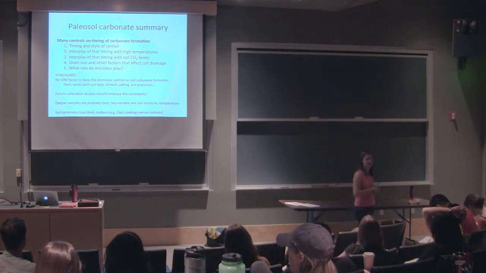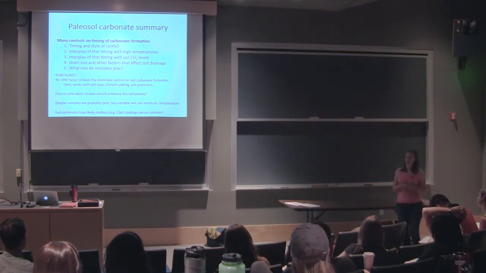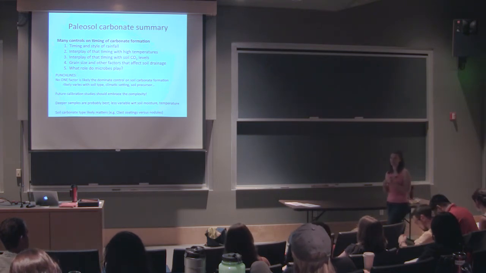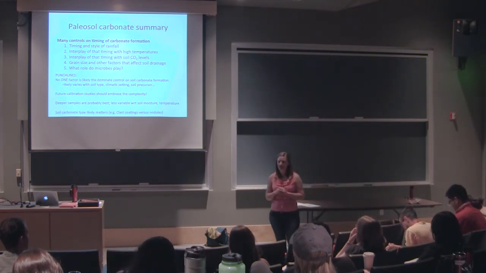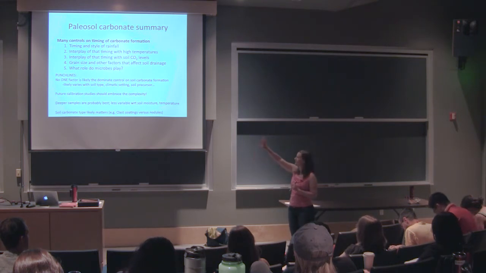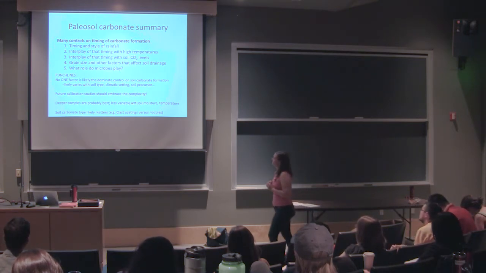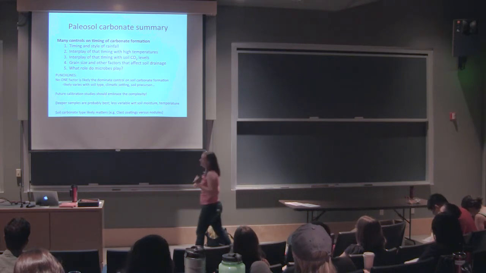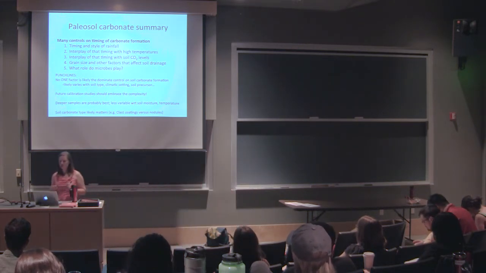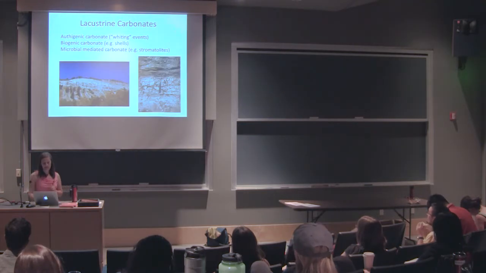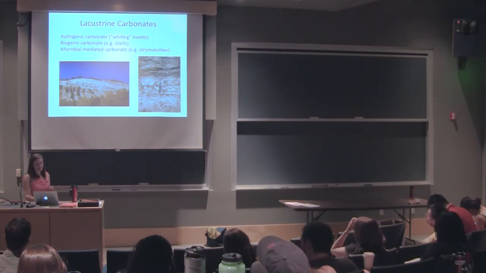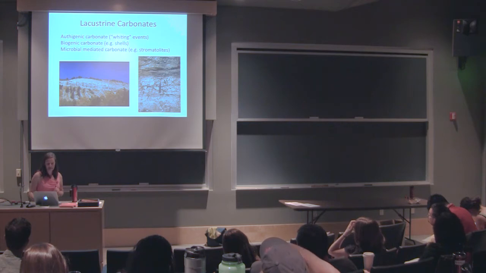Are you talking about things that formed in really fine-grained soils with a nice clay-rich Bk horizon, which is going to be different than, say, a gravelly soil with clasts, where you're going to have entirely different drainage patterns? All of those are probably going to matter for how you might interpret temperature. And we certainly haven't explored much at all what role microbes that we know are in the soil might be playing in dictating carbonate formation. I know I'm getting close to running out of time, so I'll just spend the most time on soils, because that's honestly where calibration work in the clumped system has happened the most.